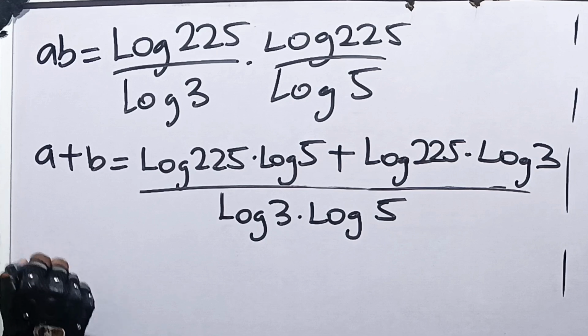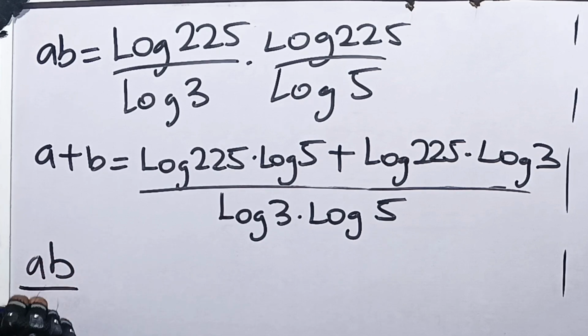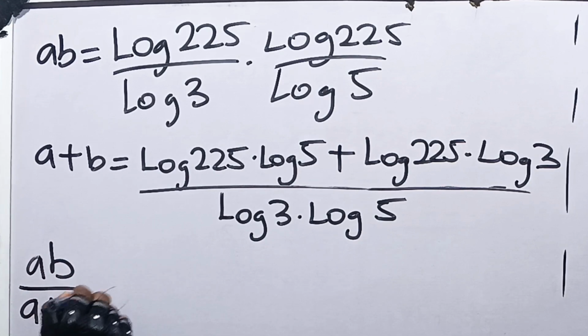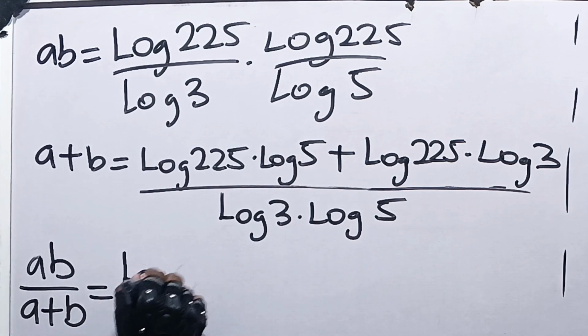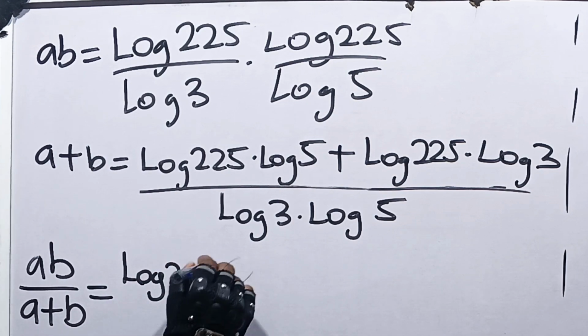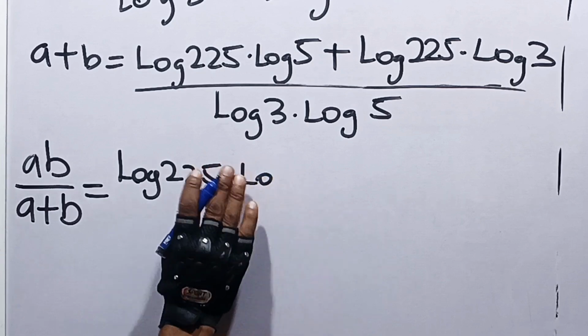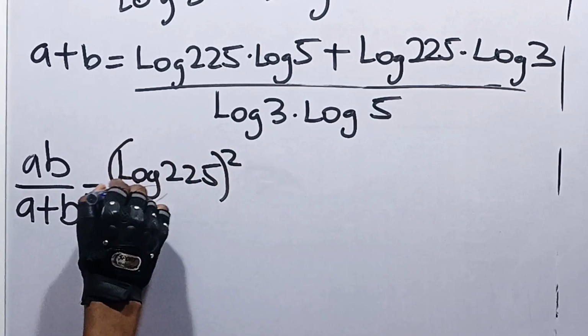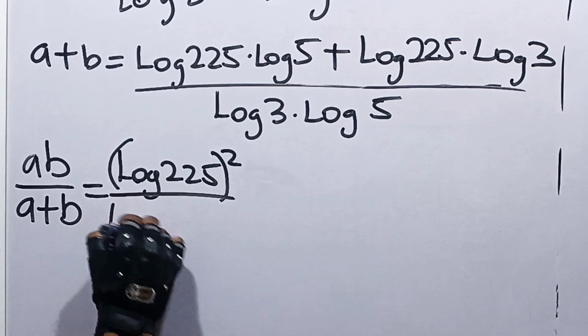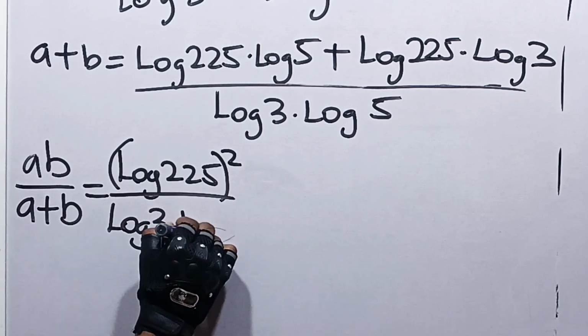Alright, ab divided by a plus b is equal to, our ab is what? Log of 225 times log 225. So you can just write log of 225 squared divided by log 3 times log 5.